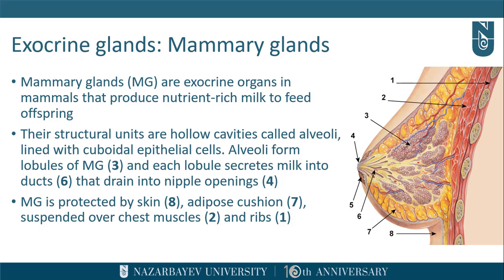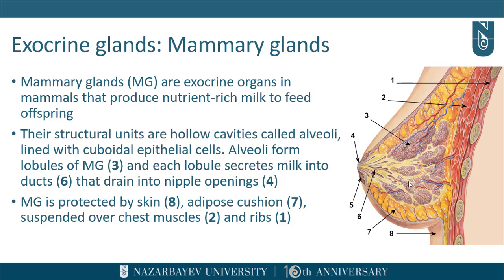Let's move on with the exocrine glands, that is mammary glands. We initially showed you the picture and structure, how it looks. It produces milk as soon as the baby is born. The structural units include the alveoli and also the lobules, and each lobule secretes milk into the duct and allows the nipple to be filled with milk to continue the breastfeeding.